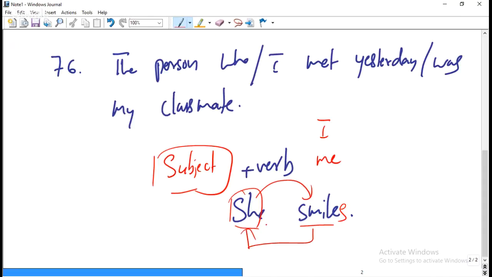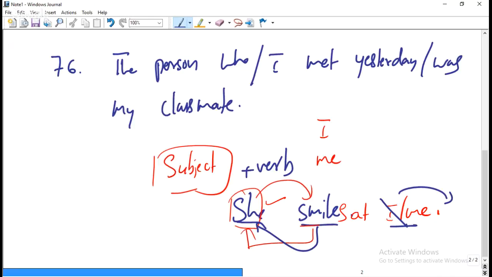When there is a verb in agreement, we use a subjective case. For example, if I write "she smiles at I or me," which one is correct? Here, there is only one verb, smiles, and this verb is in agreement with she, so this is in subjective case. What about this part? It has no verb in agreement. When there is no verb in agreement, the subjective case is not taken.